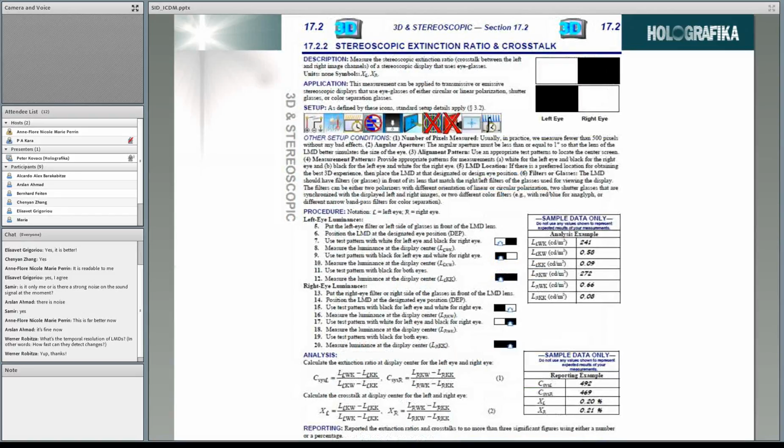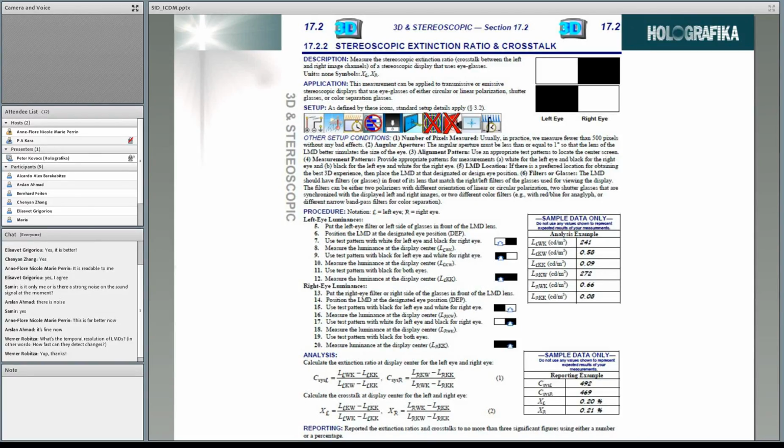One of the criticisms that stereoscopic displays often get is that they have crosstalk between the left eye and right eye. So there is, for example, a specific measurement for measuring the crosstalk, which, as you can see from the procedure, is basically doing what?